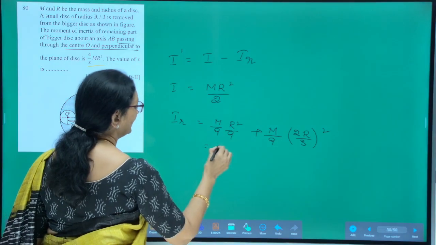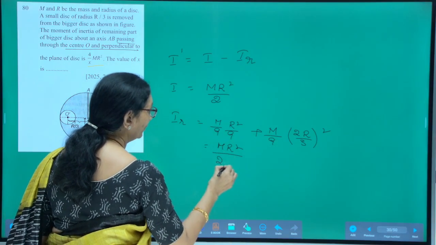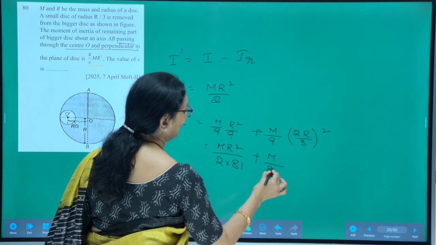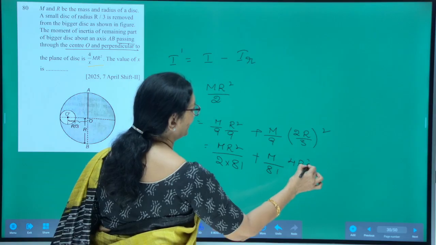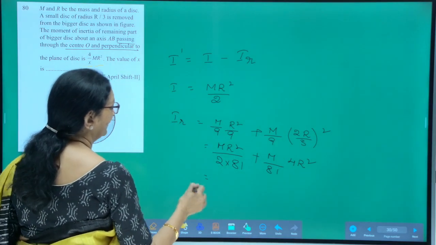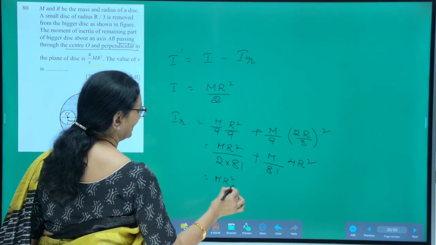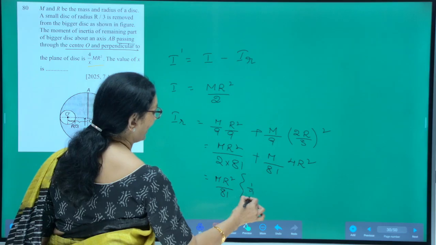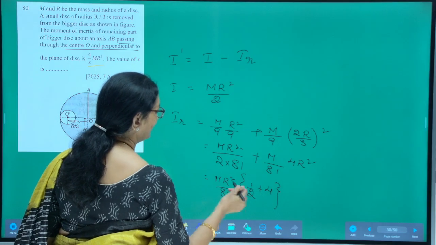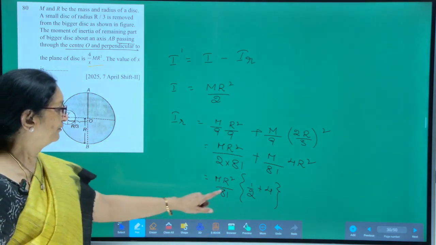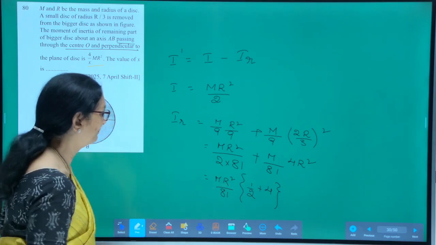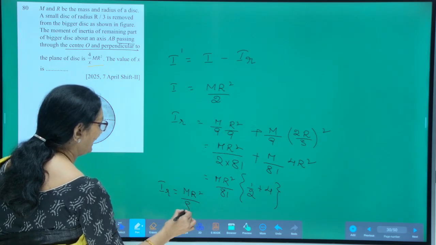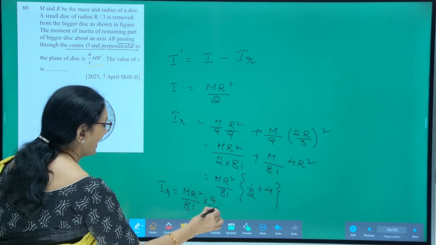So this is mr square by 2 into 81 plus m by 81 into 4r square. Okay. So here mr square, if you take it as common factor outside 81 also, 1 by 2 plus 4, isn't it? 1 by 2 plus 4. 2 fours are 8, 8 plus 1, 9 by 2. So removed part moment of inertia is mr square by 81 into 9 by 2.